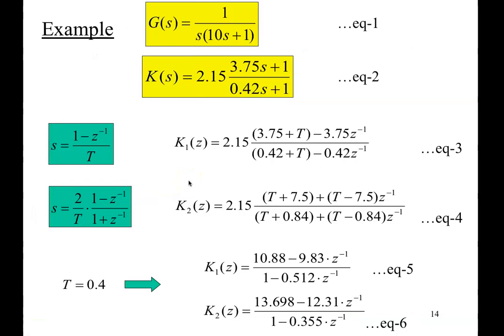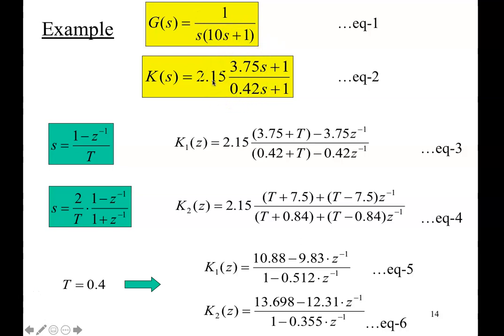So I'm giving you another example here. This time I'm not going to get too complicated with the conversion. This is G(s), an example I used before for the design of a phase lead compensator. The plant, the object for control, is defined by the transfer function G(s), which is 1 over s times (10s plus 1).